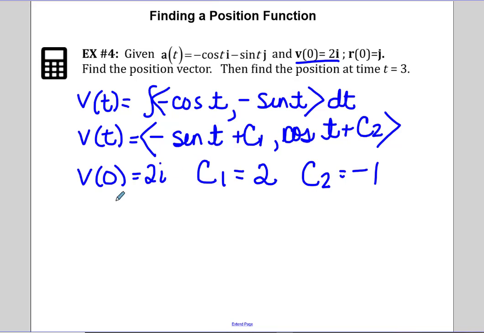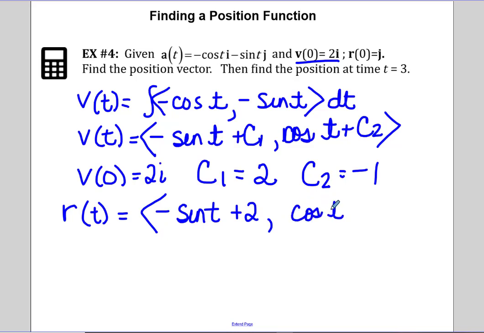And what else do we know? So now we know that r of t is negative sine t plus 2 in the i direction, and cosine t minus 1 in the j direction.